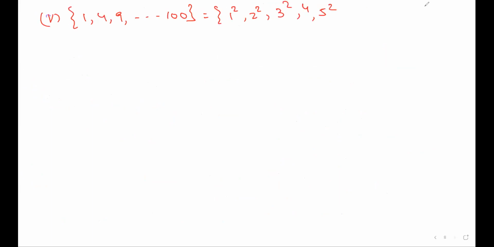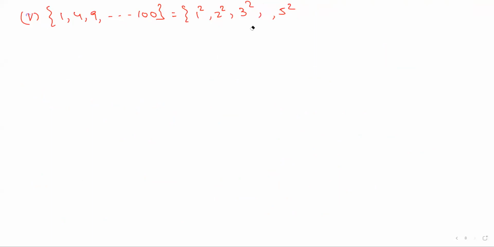Which can be written as 1 square, 2 square, 3 square, 4 square, and 5 square, 6 square, 7 square, 8 square, 9 square, 10 square. That's it. These are all your values because the last value is 100.